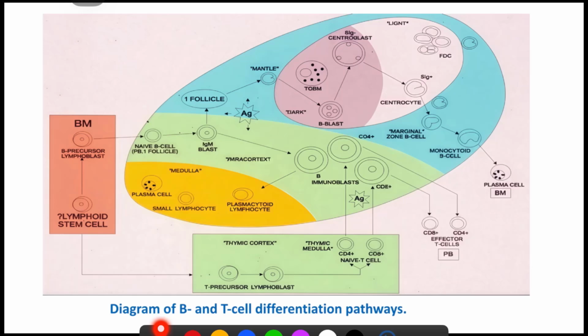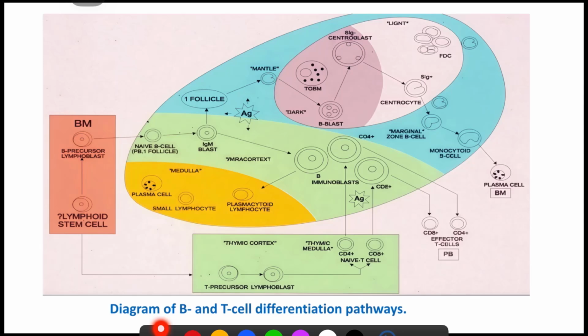So basically small lymphocytes go to the paracortex with the antigenic stimulation, this IgM blast is converted into centroblast, then converted into centrocyte. In the light zone, they reside either in the mantle or marginal zone, converted into monocytoid, or finally into the plasma cell.